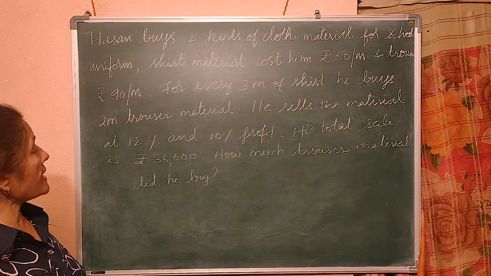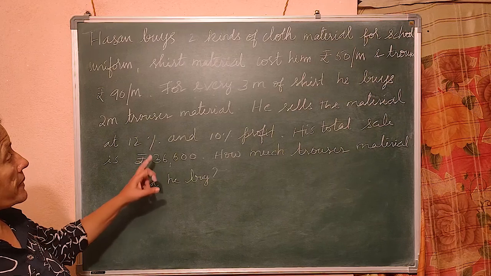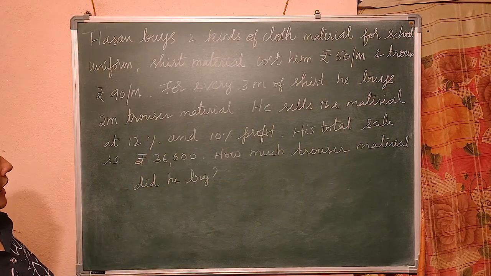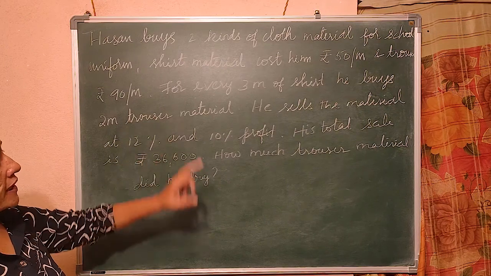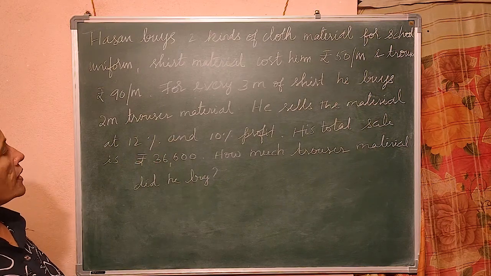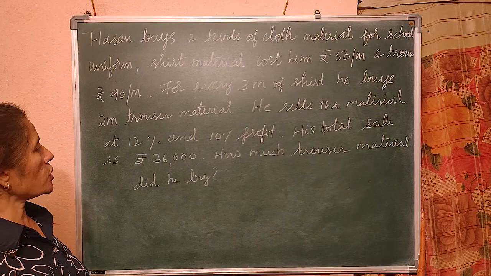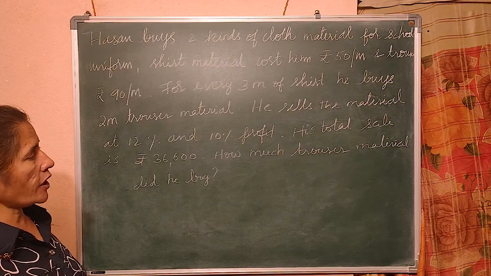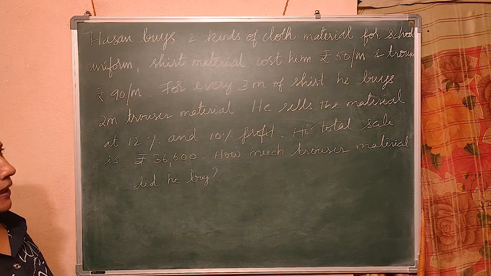He sells the material at 12% and 10% profit respectively. So, 12% for shirt and 10% for trouser. His total sale was rupees 36,600. How much trouser material did he buy?